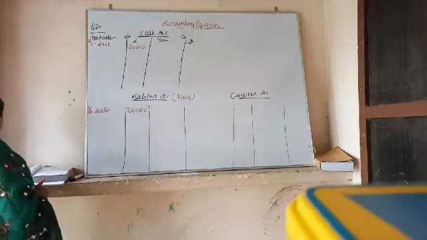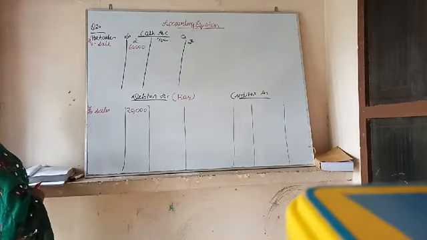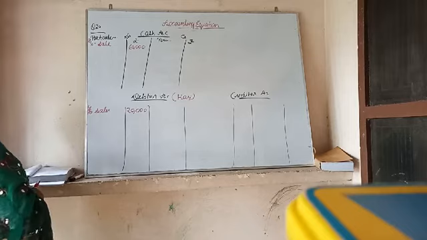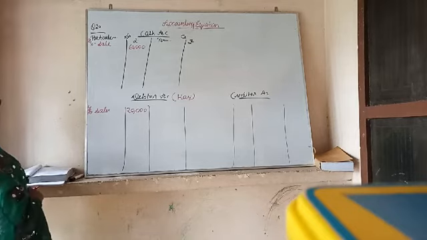The next transaction is: purchased goods from Krishna on credit for 36,000.